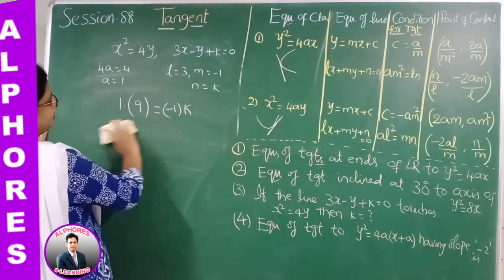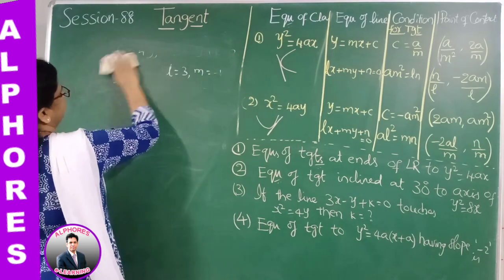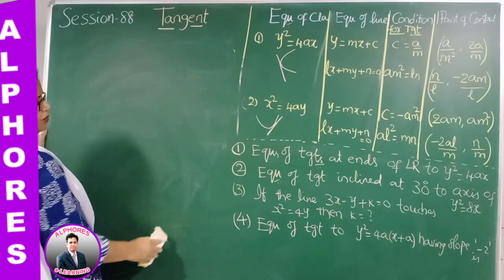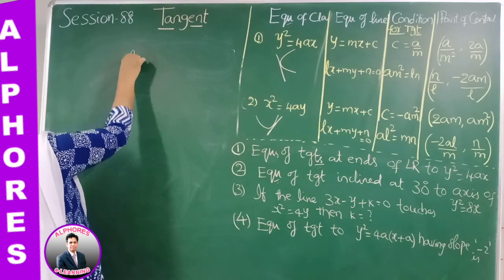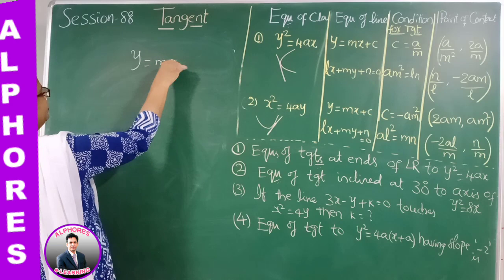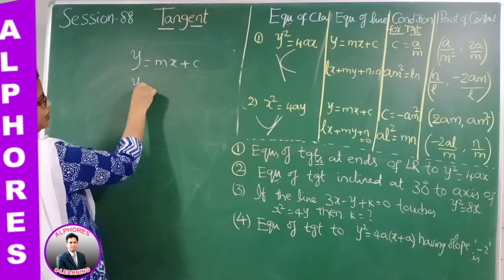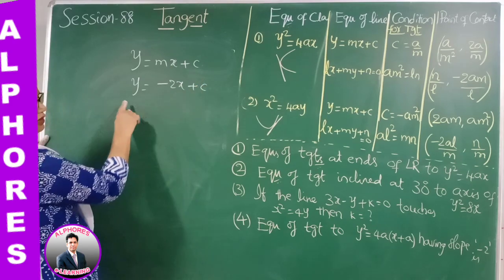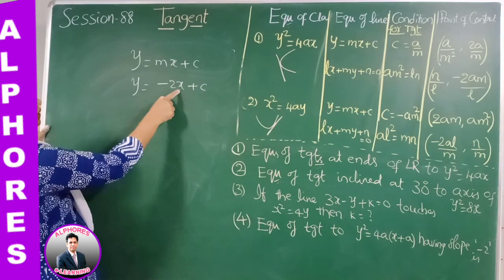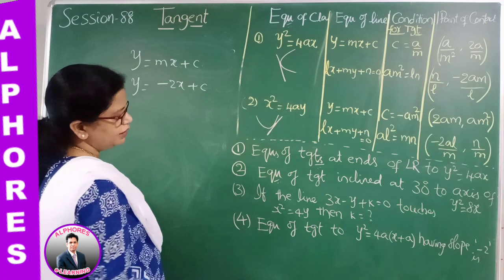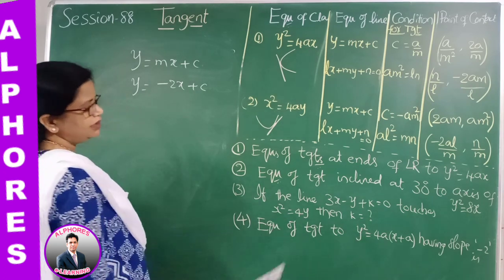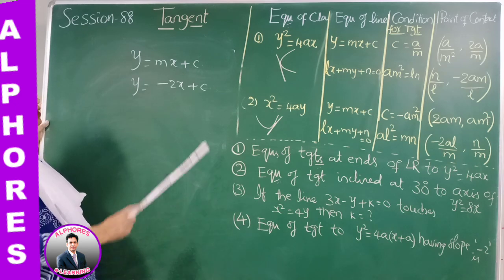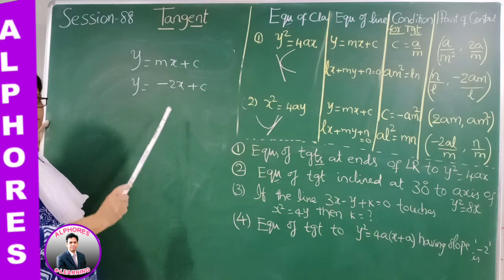Here also you can use one of the methods: y is mx plus c, and here m is given as minus 2, so y equals minus 2x plus c. Then substitute the y value or x value here, get the quadratic equation in x or y, and make the discriminant 0. Thereby you can obtain the unknown and substitute again.